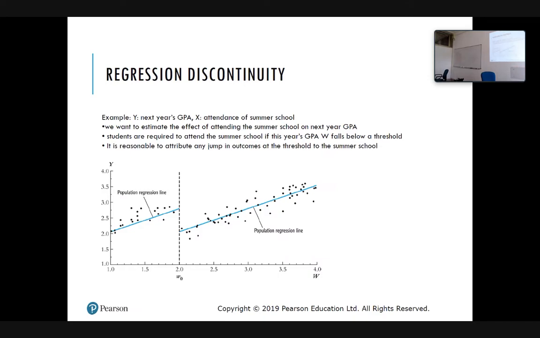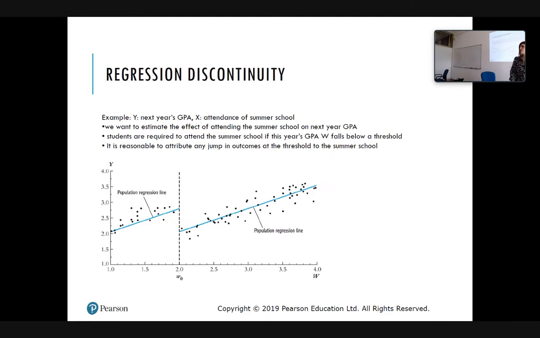This means that whether some students receive the treatment or not depends on whether this variable W, which is a continuous variable, whether this year's GPA is above or below a certain value, which we indicate with W0. I will be back to this figure later on, but this is the idea.